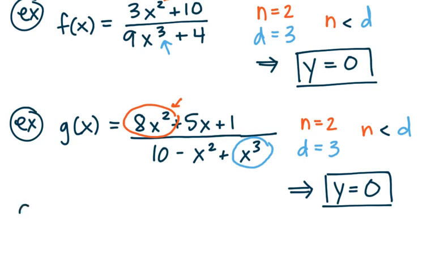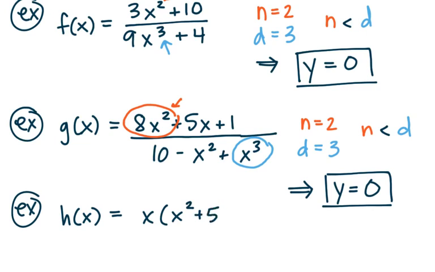Let's consider one more example here. I'm going to write example out, and maybe we'll call this one h of x. This is in factored form: x times x squared plus 5 over x squared plus 1 times x squared minus 2.